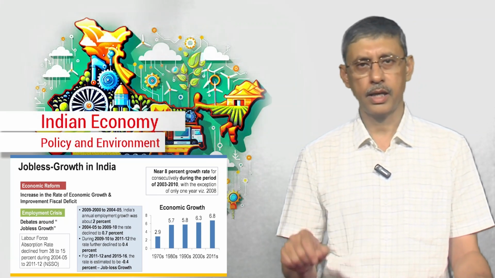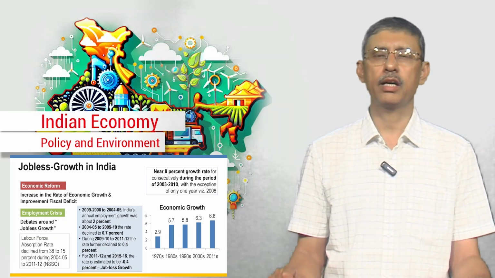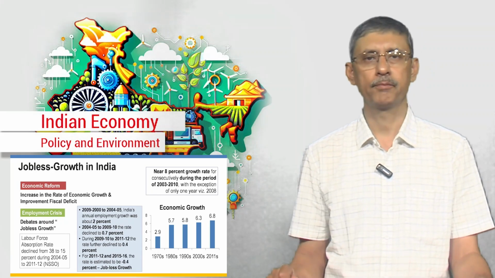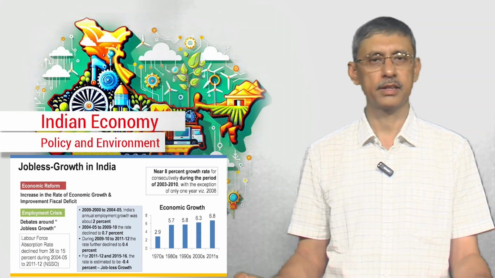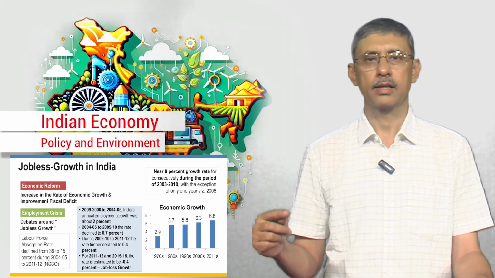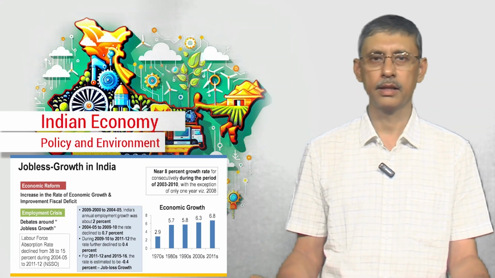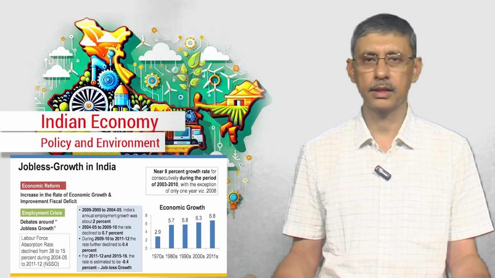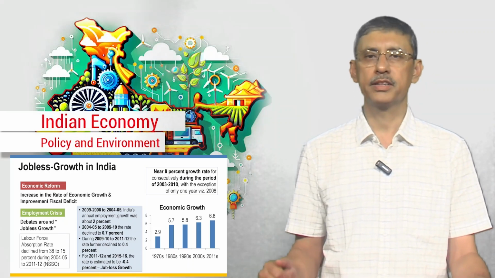During the period of 2000 to 2005, India's annual employment growth was around 2%. 2005 to 2010, it has gone down to 0.7%. 2010 to 2012, further down to 0.4%. And 2012 to 15-16, it is negative. That is, in absolute number, the employment is declining.